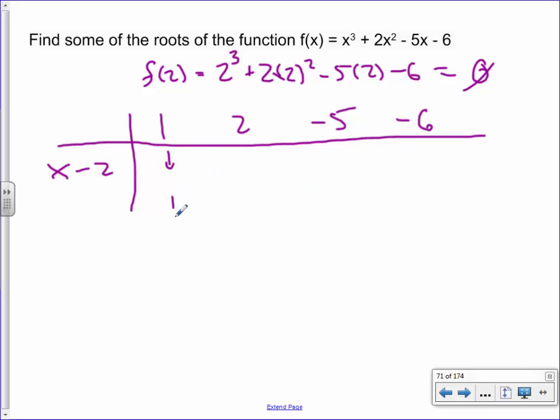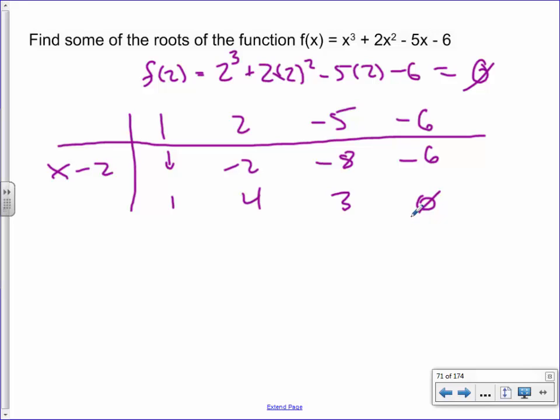Drop down the 1, bounce. 2 times 1, 2. Subtract. 2 minus 2, that should be 4. Bounce again. 2 times 4, 8. Subtract, should be 3. 2 times 3 is 6. When you subtract, you better get 0, right? Because otherwise you screwed up something.